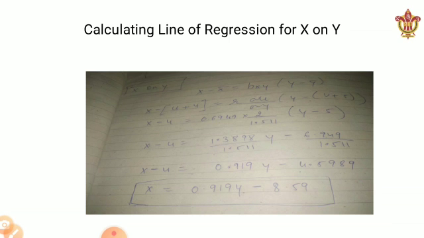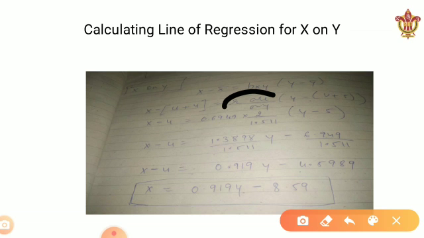And what is bxy? Bxy is r into sigma u divided by sigma v. This is the formula for bxy. In place of bxy, in fact, we can put r sigma u by sigma v.